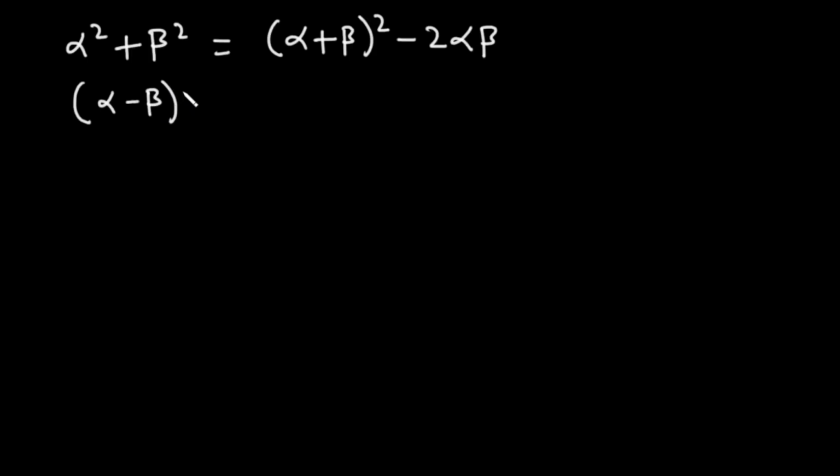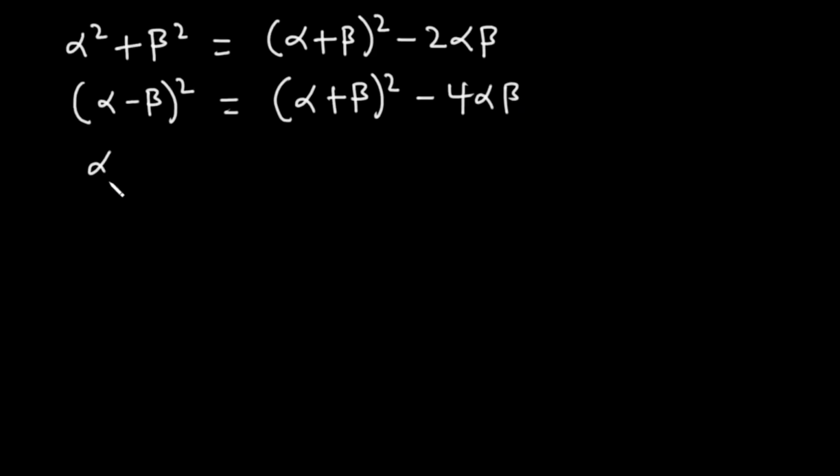Now alpha squared plus beta squared is equal to alpha plus beta all squared minus 2 alpha beta. Now if you have alpha minus beta all squared, then it's equal to alpha plus beta all squared minus 4 alpha beta.